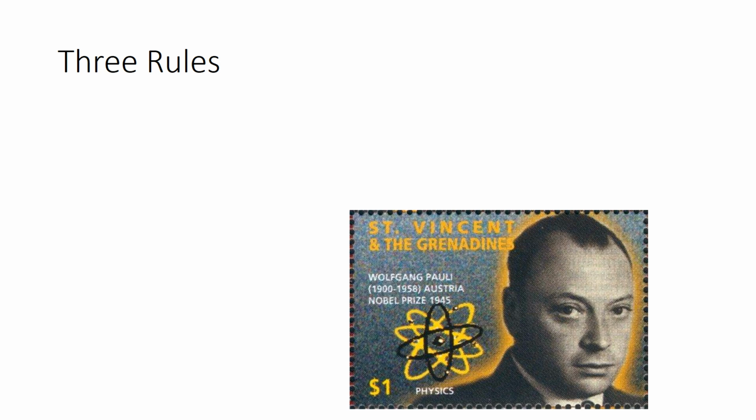But there are 3 rules that guide electron configurations. The first one is called the Aufbau principle. The second rule that guides electron configuration is called the Pauli exclusion principle.